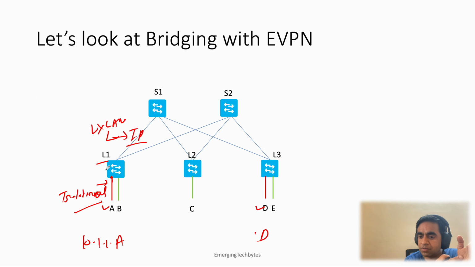So what will happen here? That packet will come and get encapsulated into IP, but it will be sent everywhere.